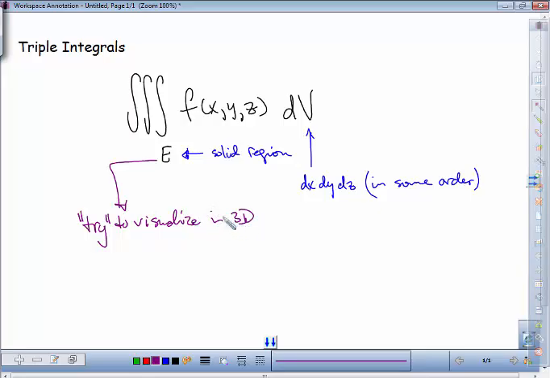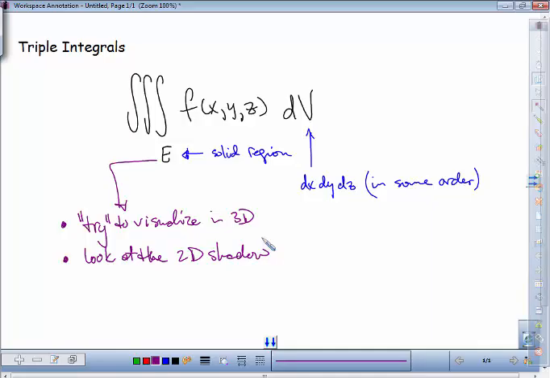So when you're trying to find the limits of integration, visualizing the solid in 3D is the first important step. And then after that, what you want to do is take a look at the shadow that this is going to make.